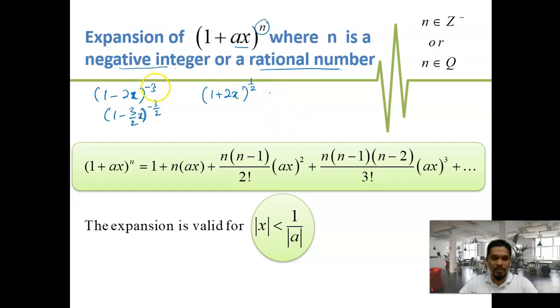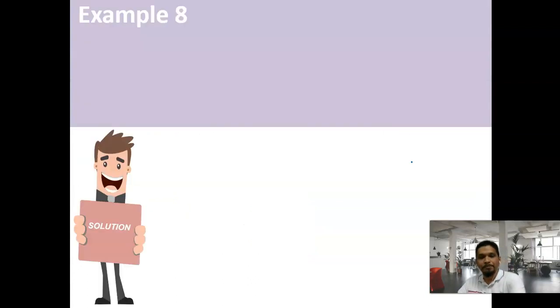So as long as the index here is not a positive integer, it is a negative integer or a rational number, positive or negative, then we use this kind of expansion here.